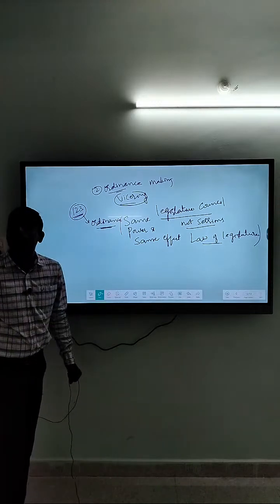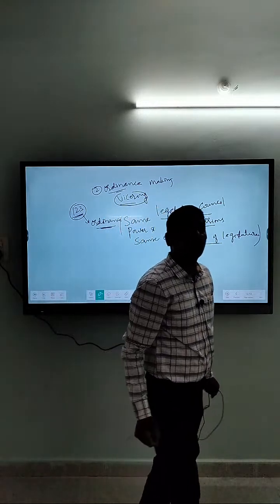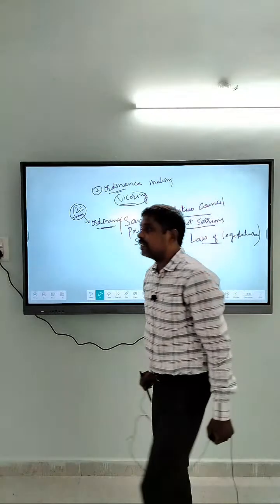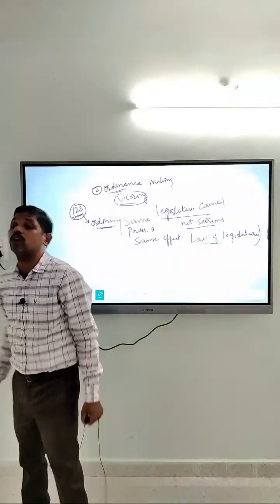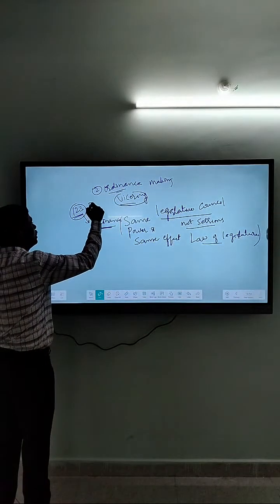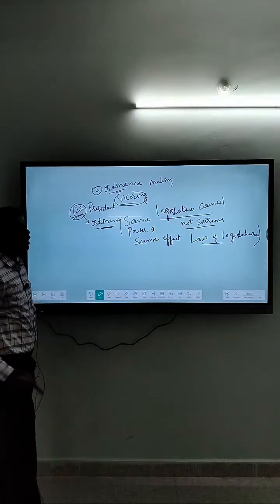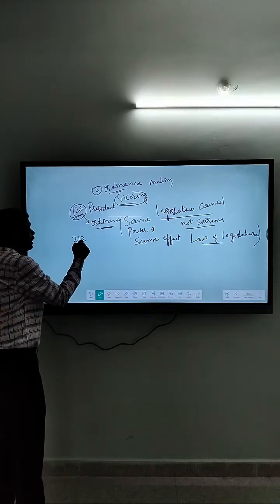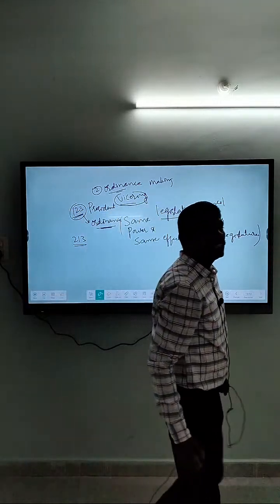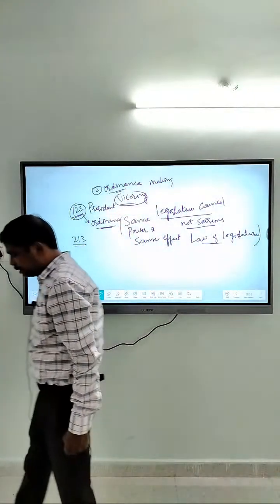Not only the President of India, but even the Governor of the states enjoys this ordinance making power. So Article 123 deals with the President's ordinance making power, whereas Article 213 deals with the ordinance making power of the Governor.